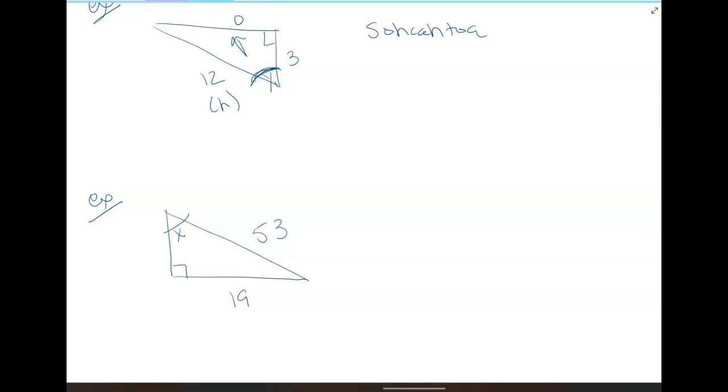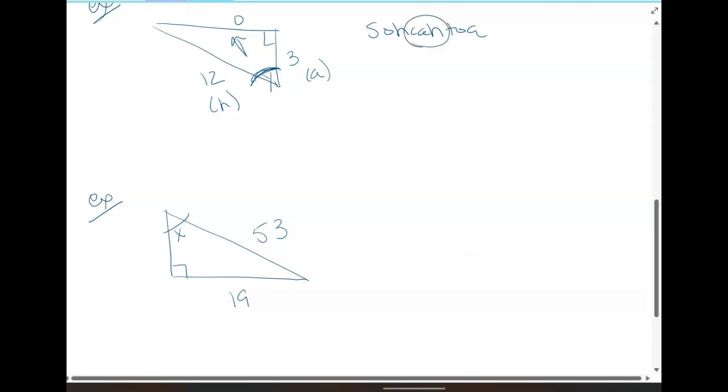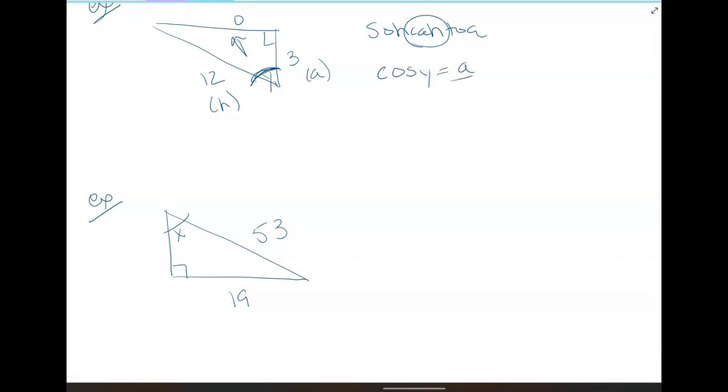So 12 is the hypotenuse, and 3 has then got to be the adjacent. So in relationship to y, we have the adjacent and the hypotenuse, which represents the cosine. So the cosine of y is adjacent over the hypotenuse. So for our purposes, that is 3 over 12.